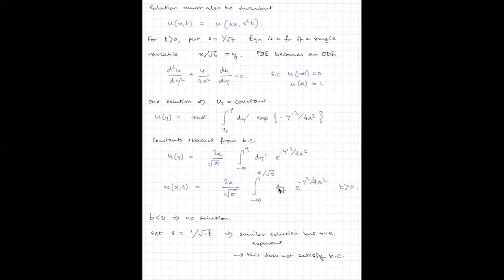Now if you run time backwards, it cannot be that a system that has been disorganized for an infinite amount of time suddenly becomes organized at t equal to 0. So this is intuitively obvious, and this is the feature that the equation itself is trying to say to us. Okay, so that was it for the diffusion equation.